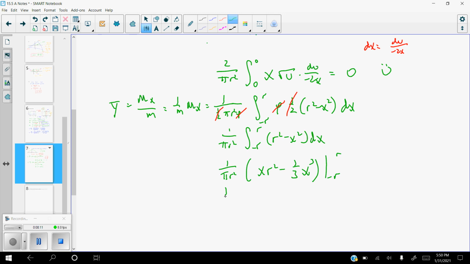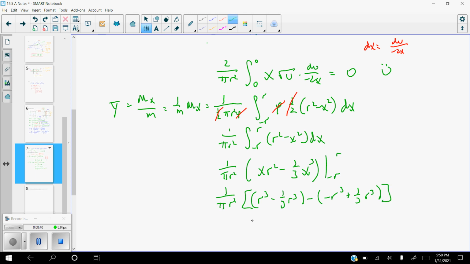Okay, let's see what we get. 1 over pi r squared. Plugging in r, I'm going to get r cubed minus 1/3 r cubed, minus, plugging in negative r, we're going to get negative r cubed. And then that's going to end up being plus 1/3 r cubed.